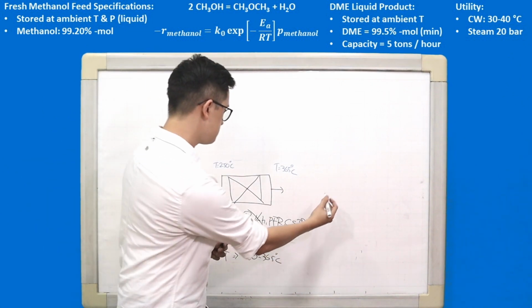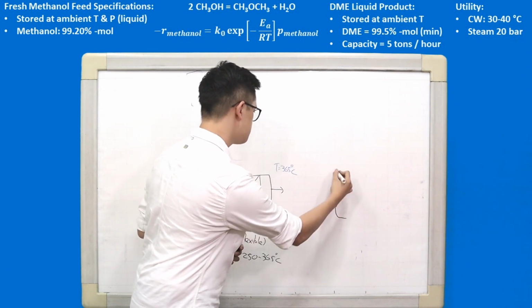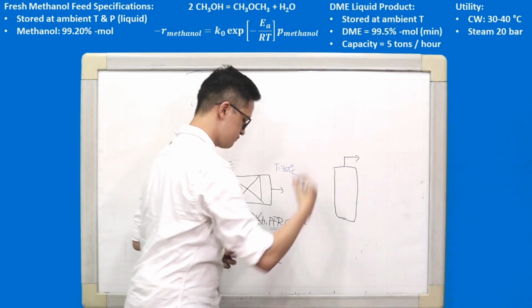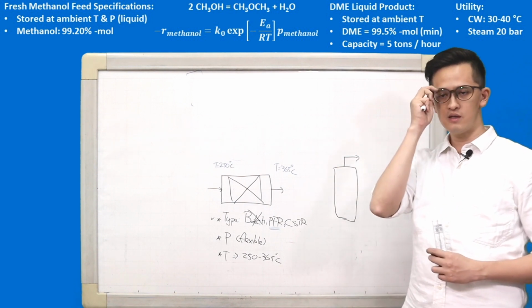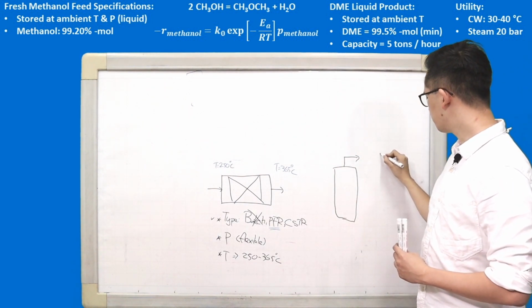Okay, so let's say I have my first distillation column. I will have a top product. Your top product of your first distillation will be the lightest compound. Again, that would be your DME.